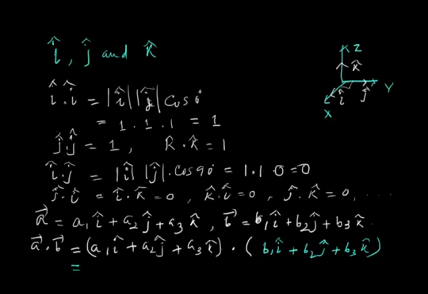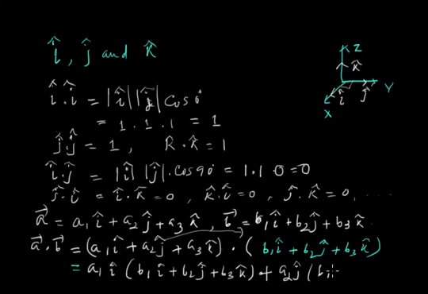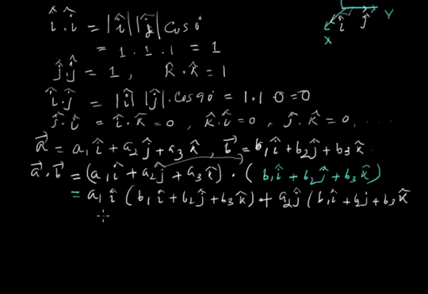Now if we apply the distributive law here, A1 I cap is multiplied with B1 I cap, B2 j cap, B3 k cap, plus now A2 j cap multiplied with B1 I cap, B2 j cap, and B3 k cap, plus A3 k cap multiplied with B1 I cap plus B2 j cap plus B3 k cap.